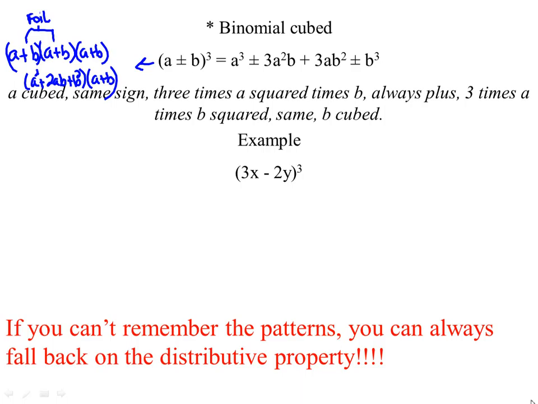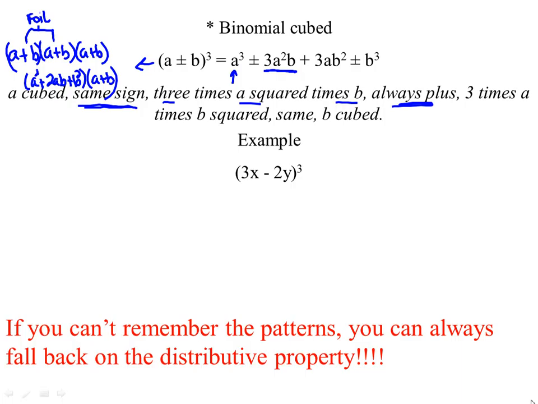Or if you want to know the pattern, you can do the pattern. The pattern says take the first one and cube it. Then you're going to use the same sign. So if I have a minus sign or a plus sign, you're going to use that. And then you're going to do 3 times a squared times b. That's this. 3 times a squared times b.